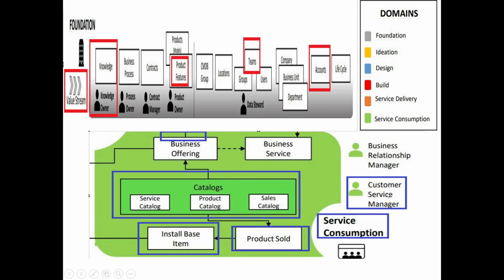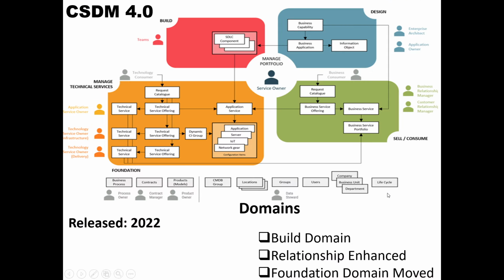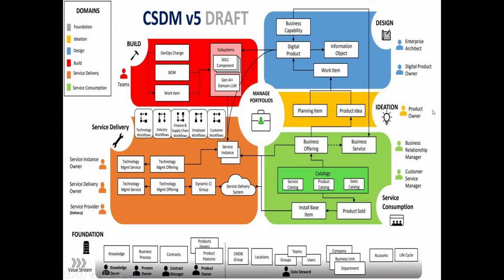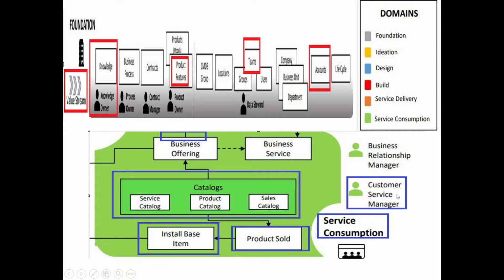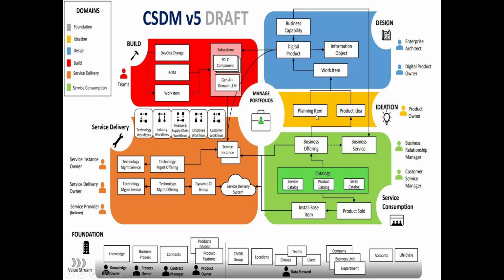Also this role has been changed. So now if you go here, it was BRM and customer relationship, but now it is called customer service management. There's no concept of customer relationship management now. Now it's business or customer. This is the second domain which has been changed. And if you notice here, something is going upward as well. Where is it going? It is going to the ideation domain.